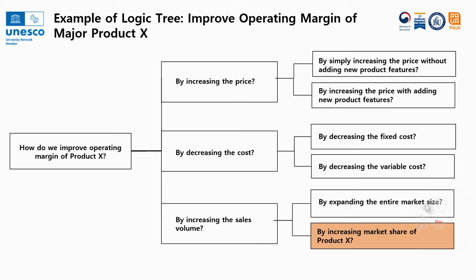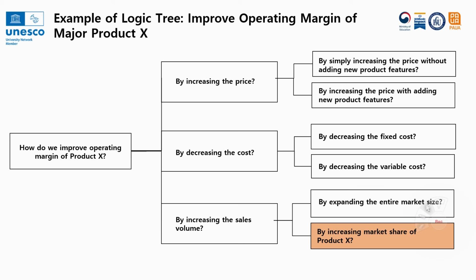Currently, for example, we are selling 100 units, but we may increase the sales volume to 200 units, and then the entire operating margin can be doubled, right? Even though operating margin percentage is the same, 20%.